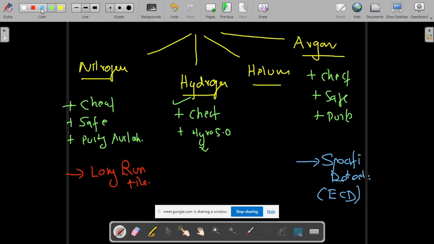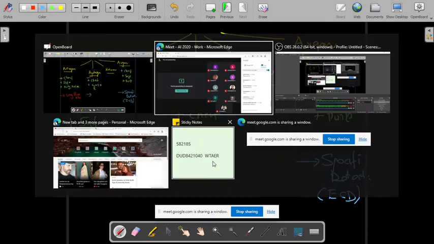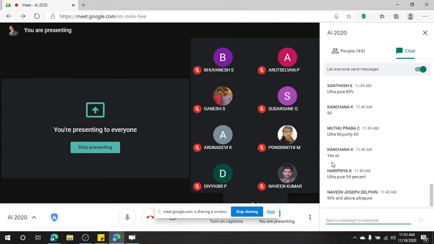But the main problem associated with hydrogen is, can anyone tell what is the main problem with hydrogen? Any guess? Not safe. Okay, almost correct.